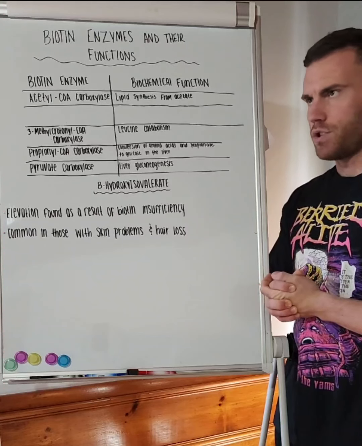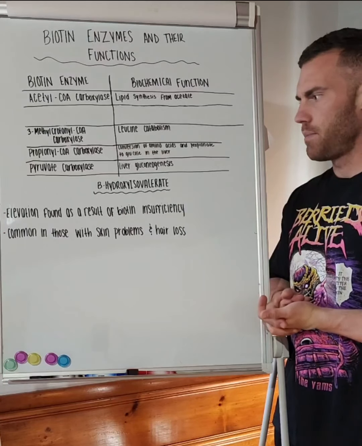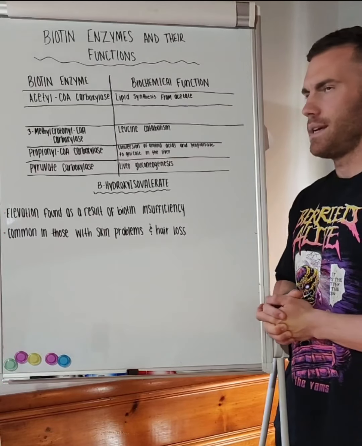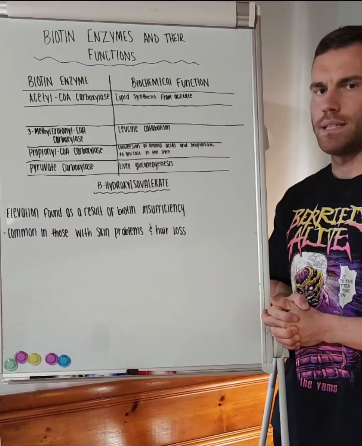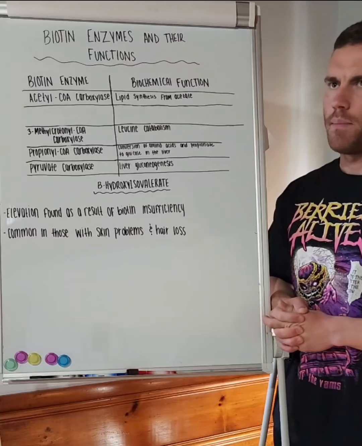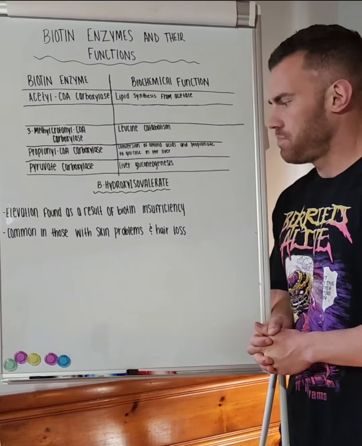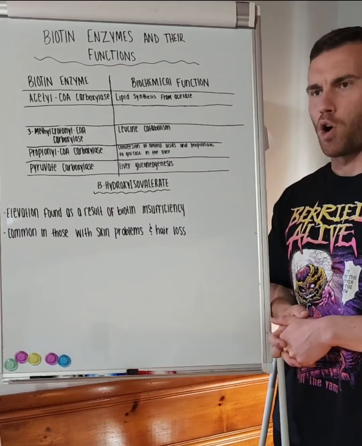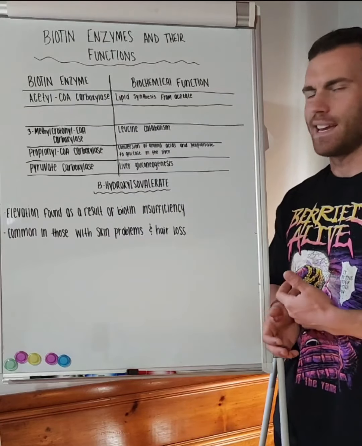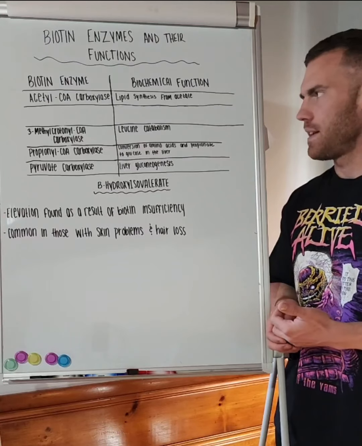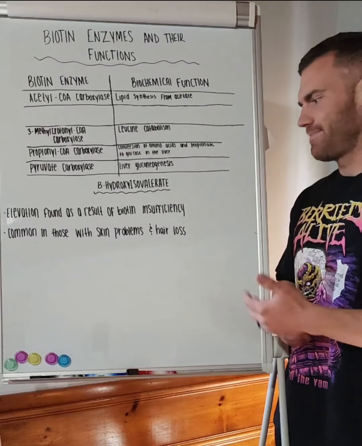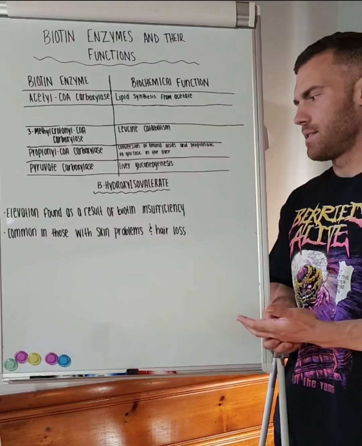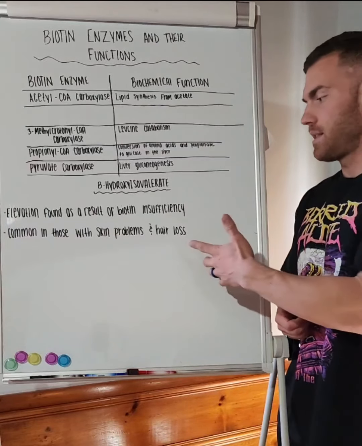What are we actually looking for? Generally, an elevation is going to be indicative of a biotin deficiency. So this would be common in people that have potentially skin problems and hair loss. I mean, that's why we see biotin marketed in hair, skin, and nail formulas and things of that nature. There's obviously a lot of other hormonal and metabolic or nutrient issues that could potentially exacerbate these things.